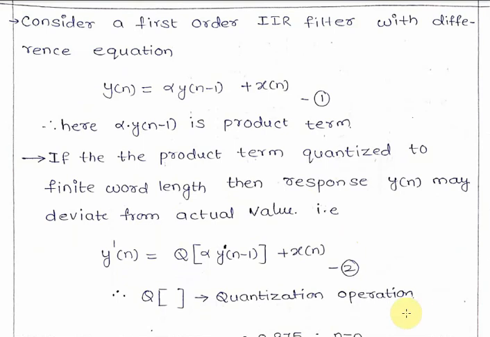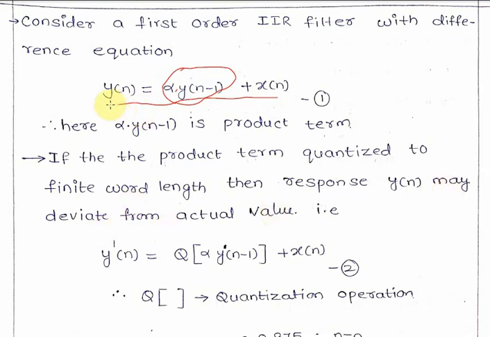Consider a first order IIR filter. The difference equation is given like this: y of n is equal to alpha into y of n minus 1 plus x of n. This is a recursive system. Here alpha into y of n minus 1 is the product term, the multiplication term. If the product term is quantized to finite word length, then the response y of n may deviate from the actual value.